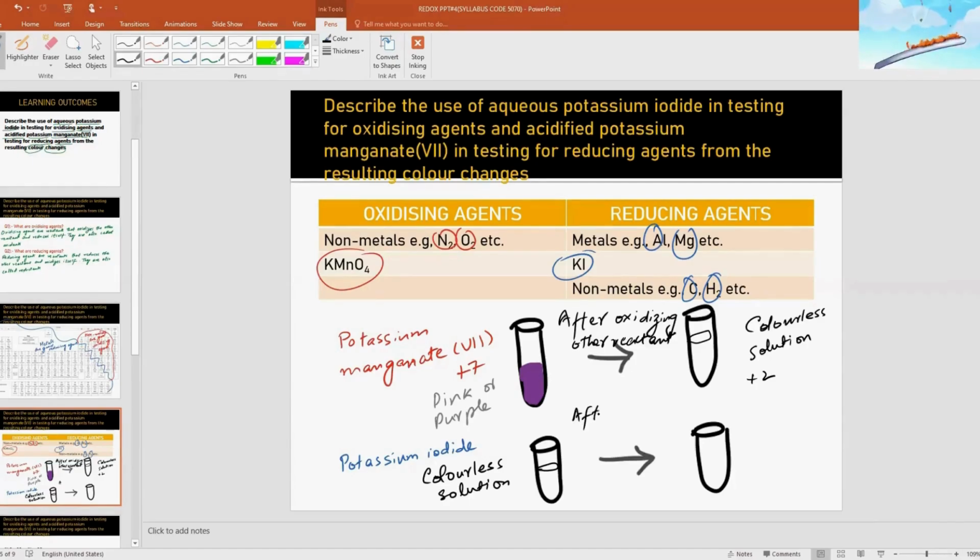After reducing the other reactant, the color changes to brown, right?